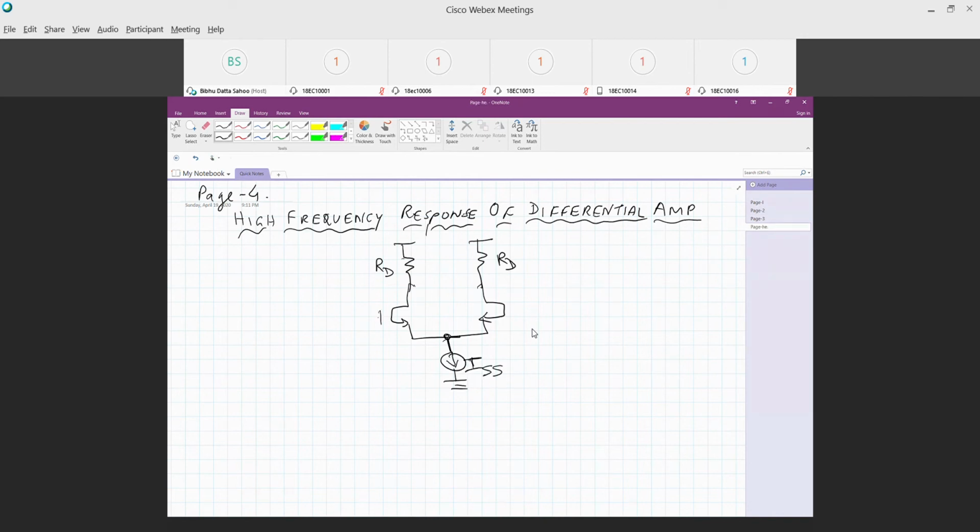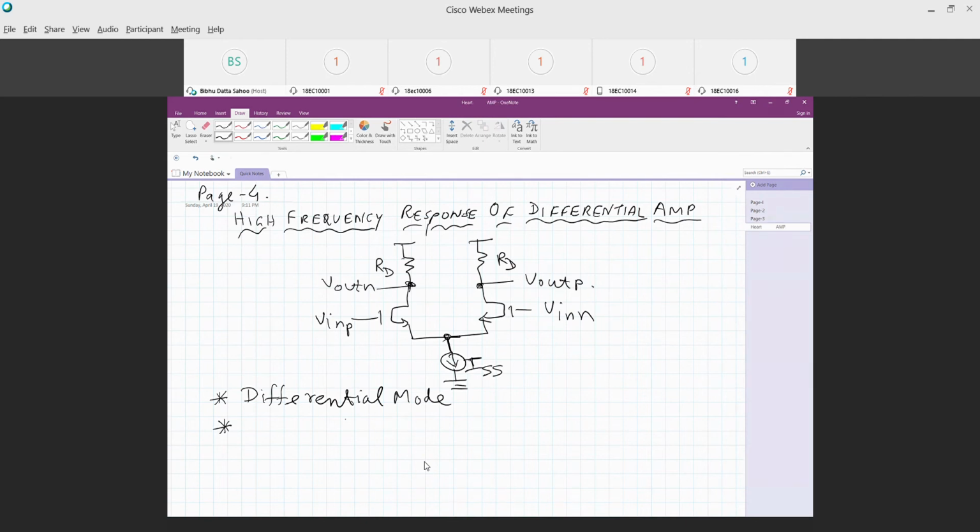So V in P, V in N, so it is going to be V out N and V out P. Now in this case, you will have to annotate all the intrinsic capacitors of the transistor wherever they are, but we'll have the frequency response for differential mode, and frequency response for common mode.